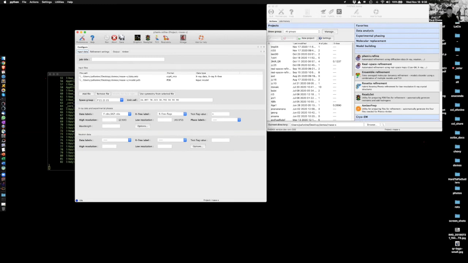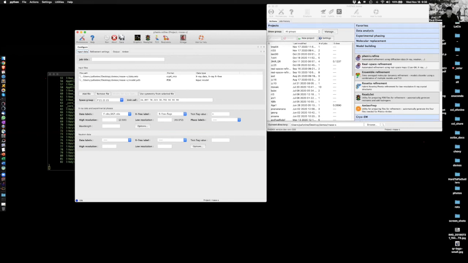There's another section for neutron data, and this is something I haven't talked about, so this is my opportunity to talk about it. Phenix can also refine against neutron diffraction data, not only X-ray diffraction data. It can do it against electron diffraction as well, by the way. And it can also do what we call joint refinement.